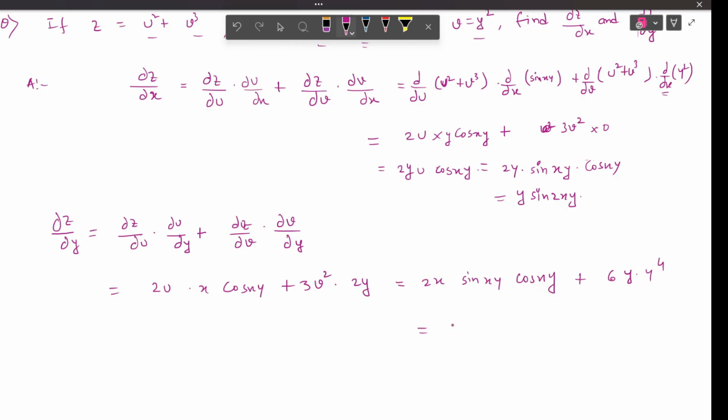So this is x into 2 sine theta cos theta, which is sine 2 theta, so it will be sine 2xy, plus 6y to the power 5. Okay.